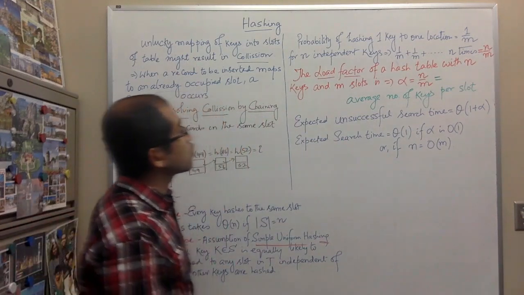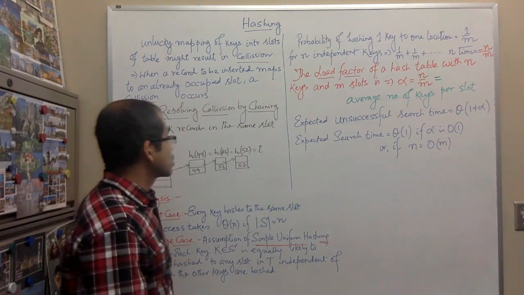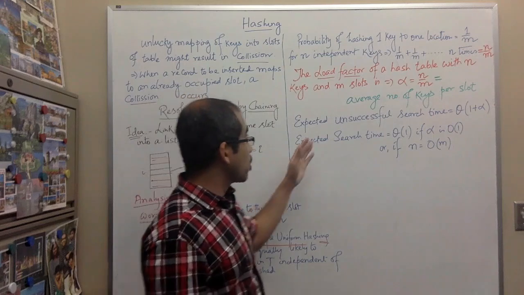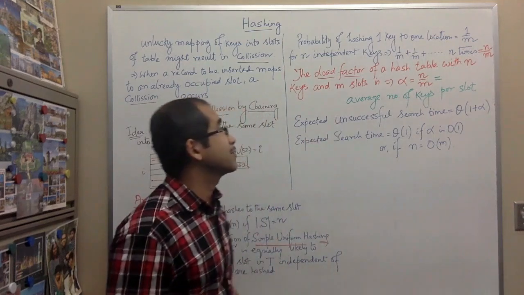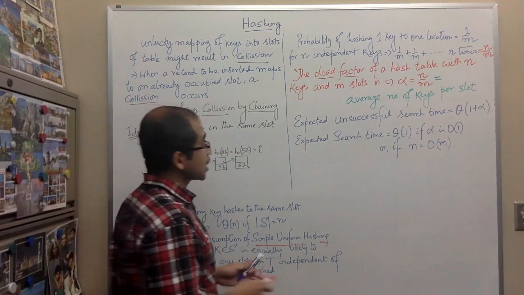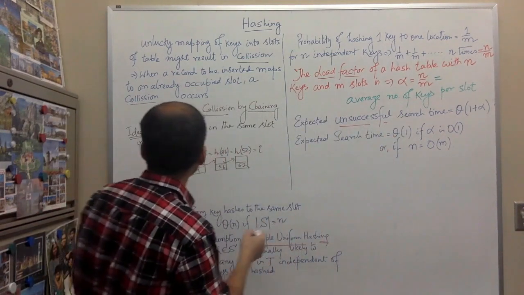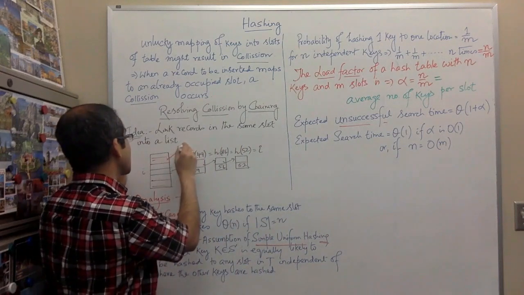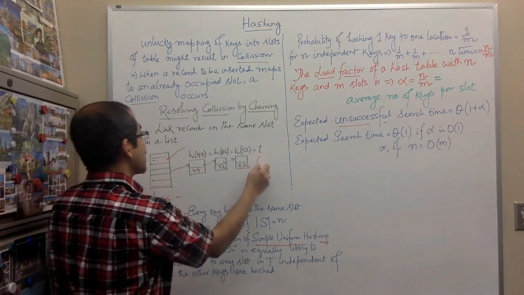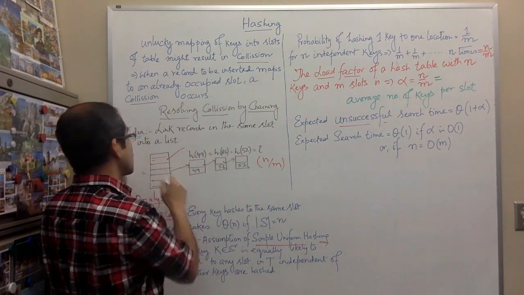Now, what is the expected unsuccessful search time for the average case? Why do we consider unsuccessful? Suppose in other slots there are other keys, and this is like the n by m number, say 3 keys for this particular slot.